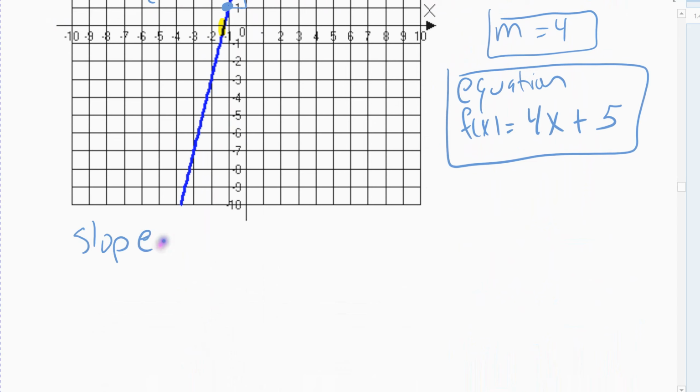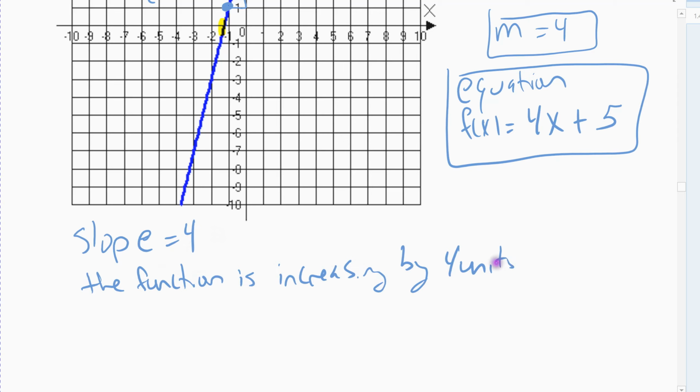So slope was 4, and so what the slope of 4 means, it was 4 over 1, it means the function, right, the line, is increasing by 4 units per change in 1 unit of x. Right? And x goes up by 1 unit, y goes up by 4 units, so it's increasing.